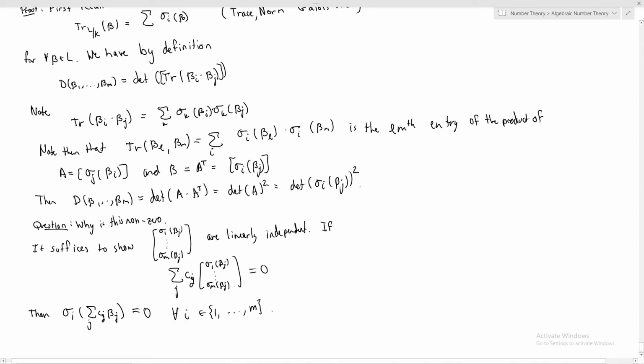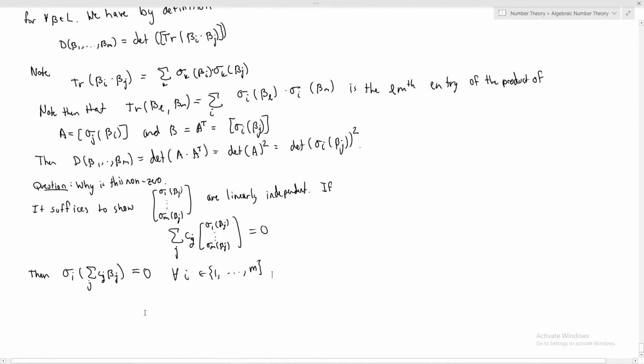Let's see here. Basically what I want to say is if all my Galois conjugates are 0, then that element has to be 0.